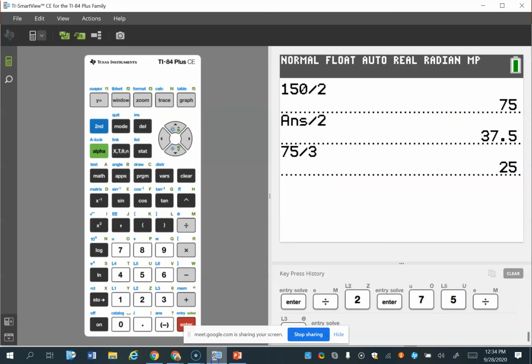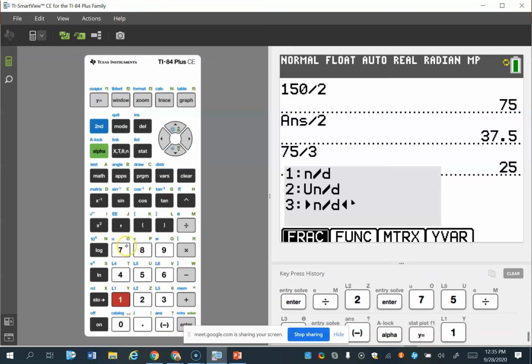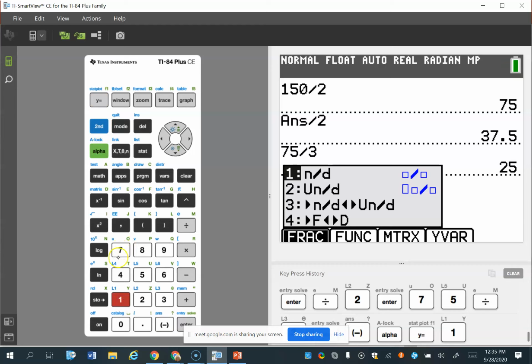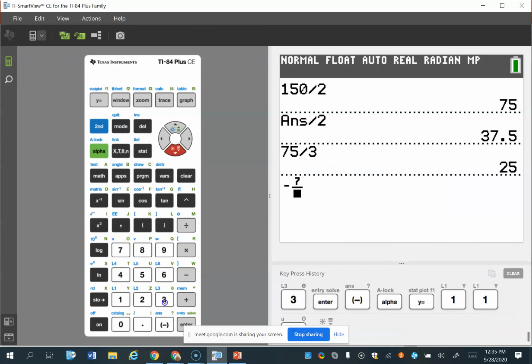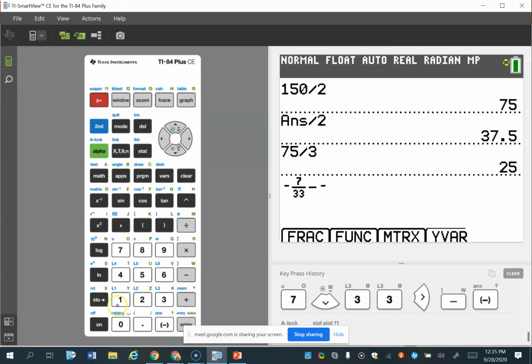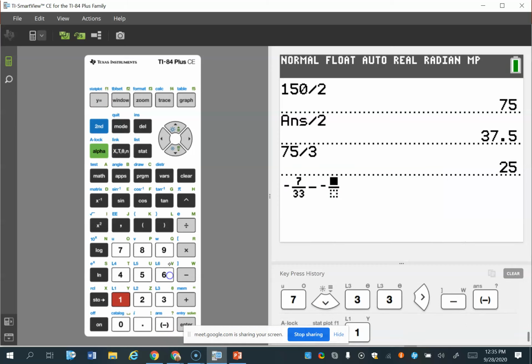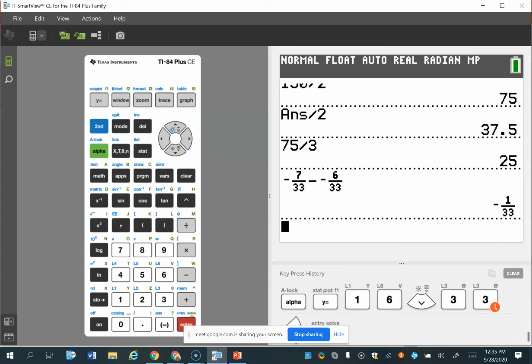Or you may use your calculator, and you're going to have negative 7 over 33 minus the negative 6 over 33. And when we check our solution, it is the negative 1 over 33.